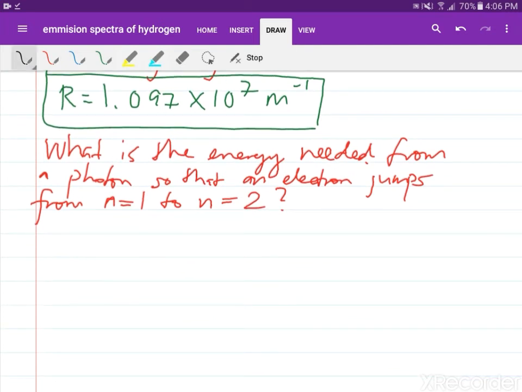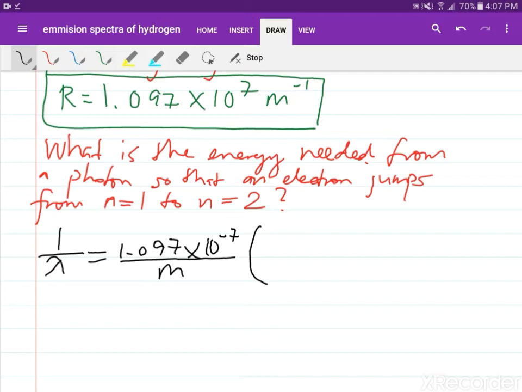So we have here 1 over lambda equals Rydberg's constant, which is 1.097 times 10 to the 7 per meter, times, so what do we have?